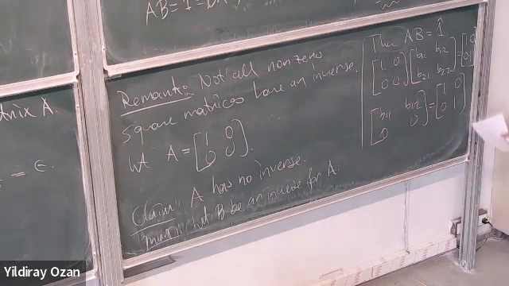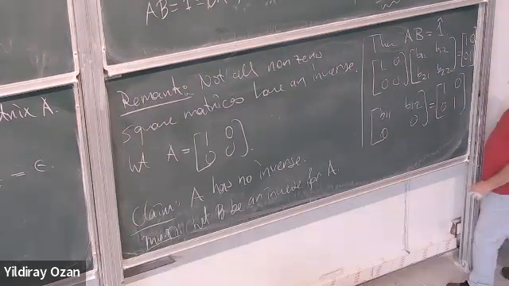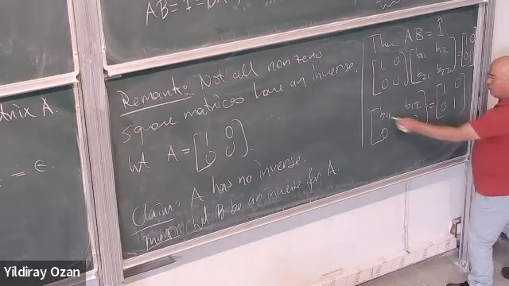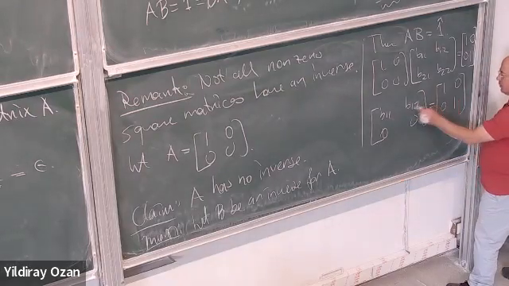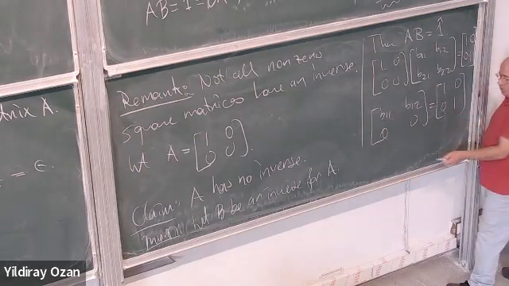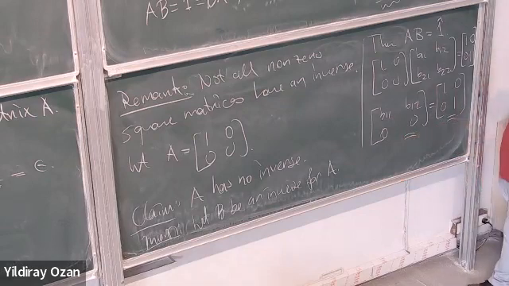But if these matrices are the same, then all the entries must be the same. Okay, no problem with this, no problem with this one. This is okay, 0 equals 0, but here we end up with this. 0 should be 1.